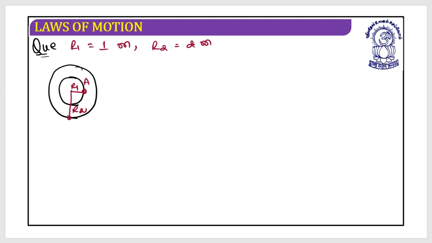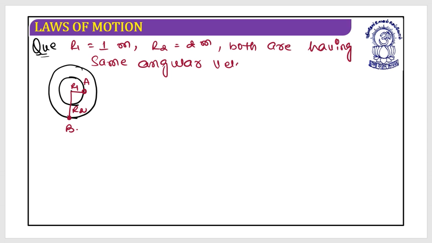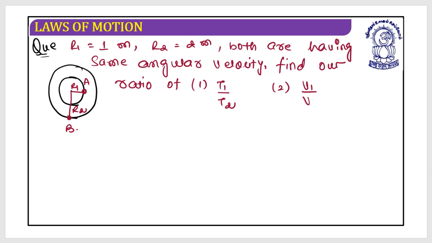This is particle A, this is particle B. Both have the same angular velocity. Then what I want is to find out the ratio of, first, the time periods, that is T1 is to T2. Second, the velocities, that means I'm talking about the linear velocities. Great. So let's begin. What is given?